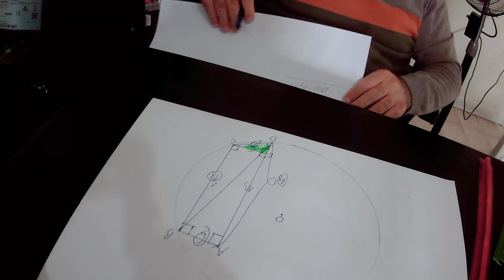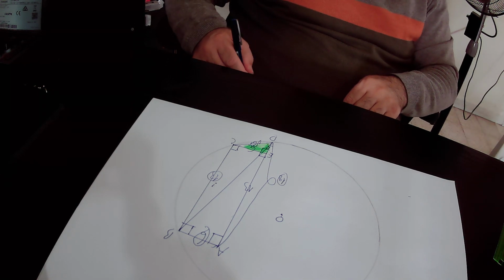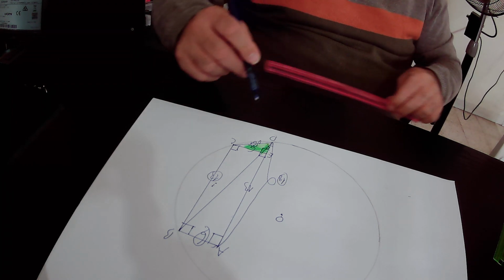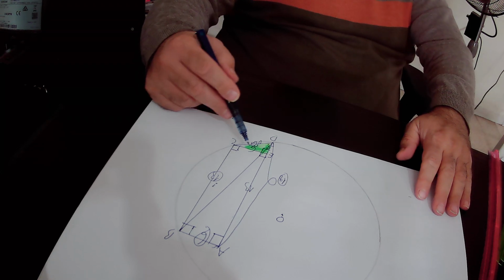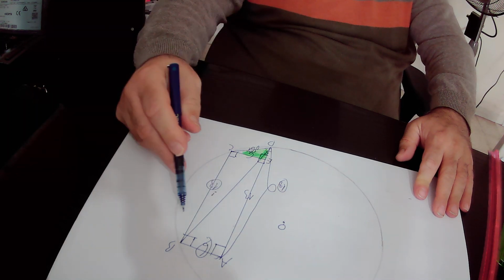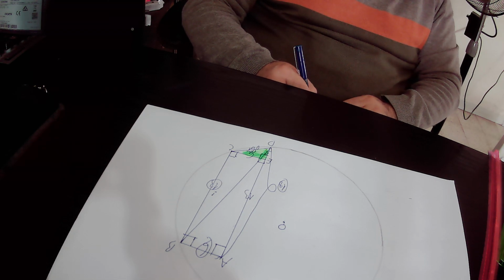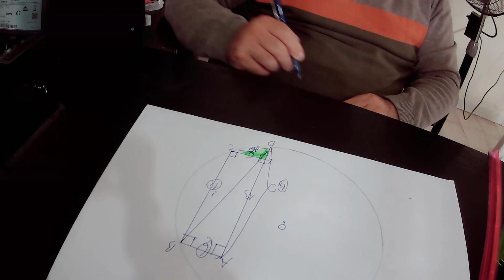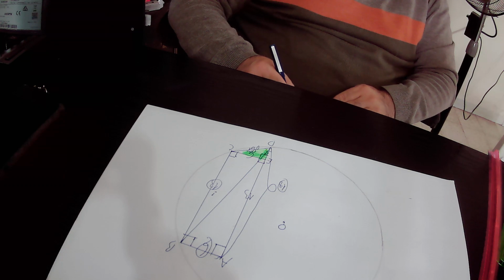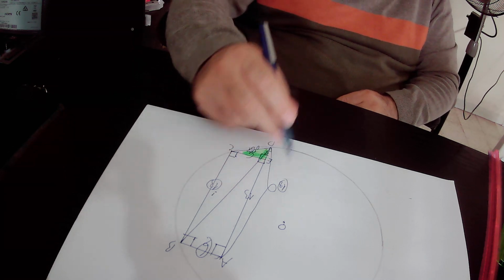According to the Pythagoras theorem, the square of the hypotenuse equals the sum of the squares of the perpendiculars. The hypotenuse in the right triangle ABD is BD, therefore the square of the hypotenuse is BD squared, and it must be equal to AB squared plus AD squared.